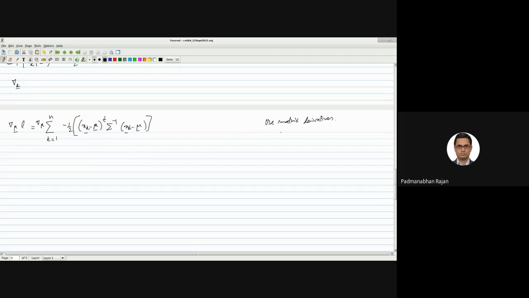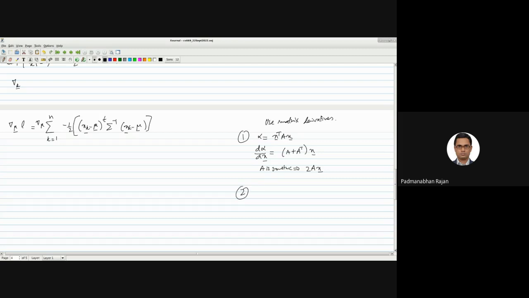If you have some alpha equal to x transpose Ax, it's a quadratic form, A is a symmetric matrix, then d alpha by dx is equal to A plus A transpose x, and if A is symmetric, this becomes 2Ax. Okay, so this is the one result which we'll use.